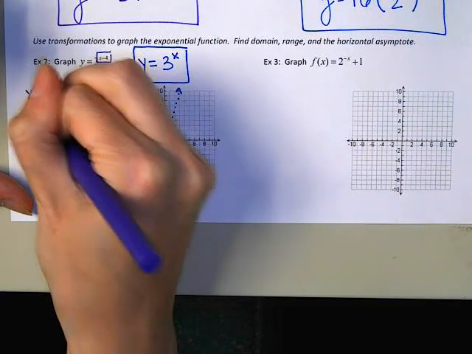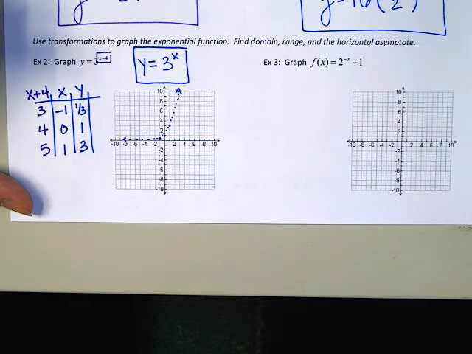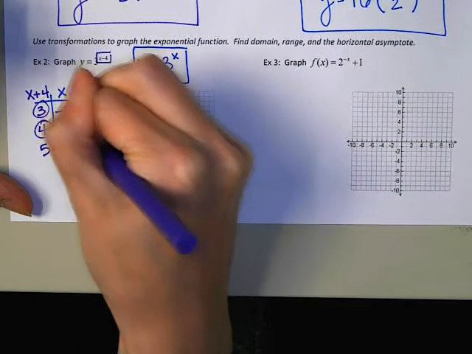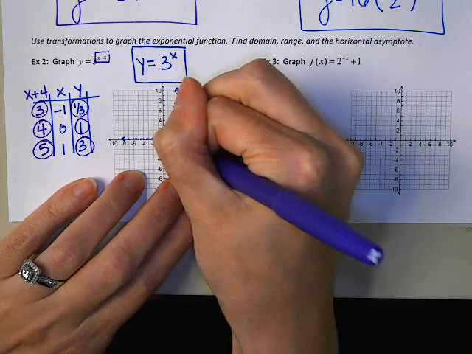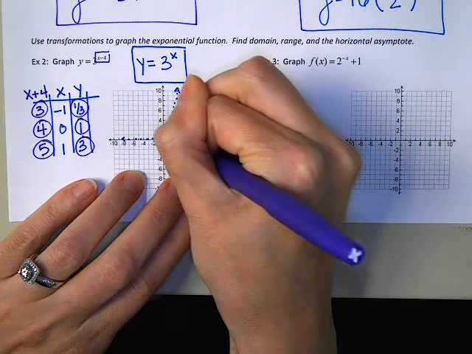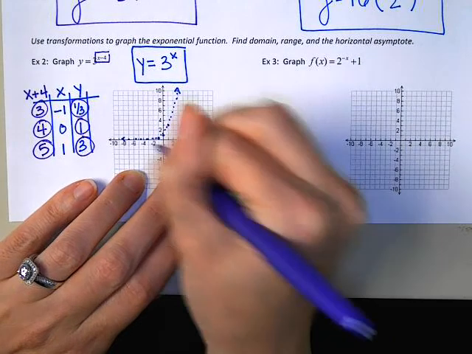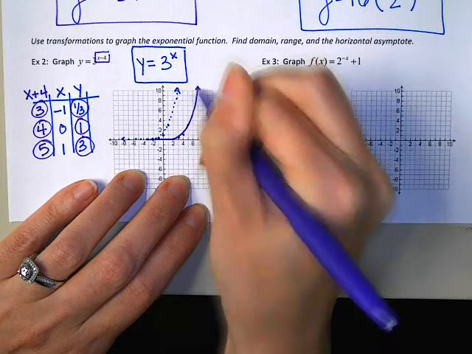So this x is now at 3, this one's now at 4, and this one's now at 5. And now these are our new ordered pairs of our function that we want to graph. So (3, 1/3), (4, 1), (5, 3). Here's going to be our answer, the purple graph.